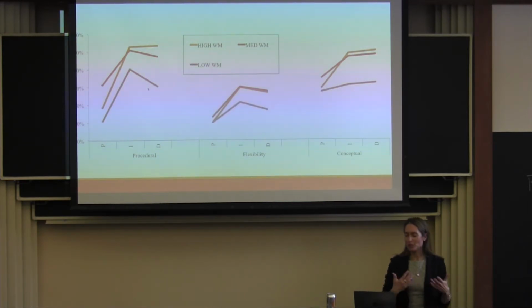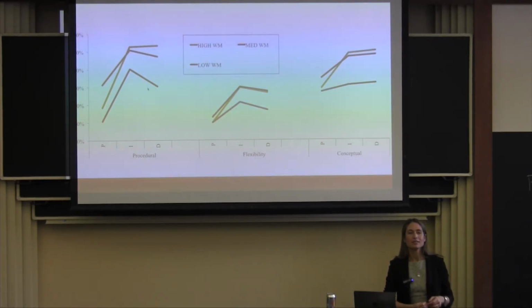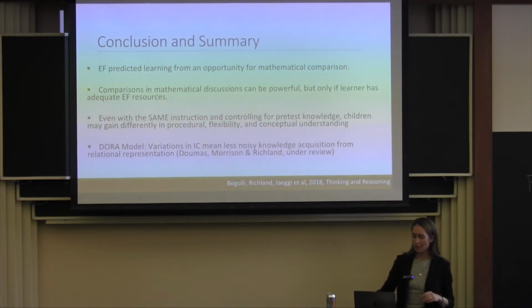And so the message here is not that some kids are going to learn more, but rather we want to think about how to redesign lessons in order to ensure that students are not systematically learning less, right?